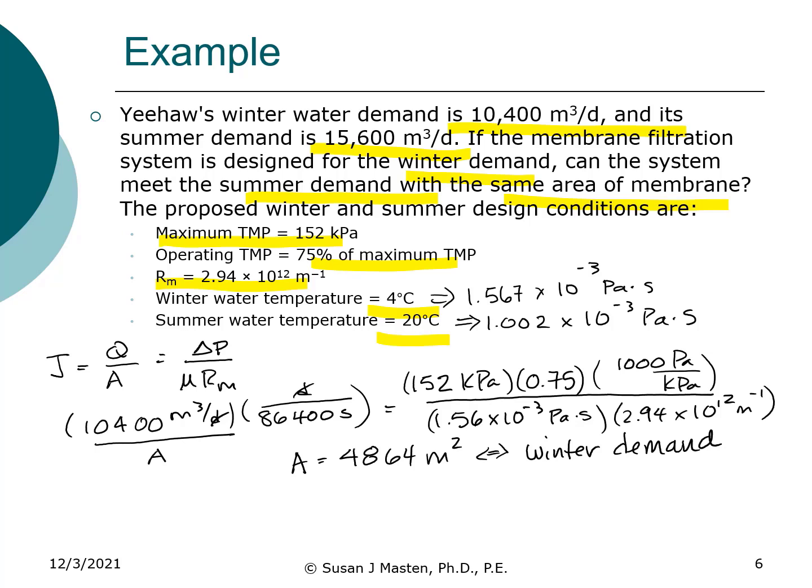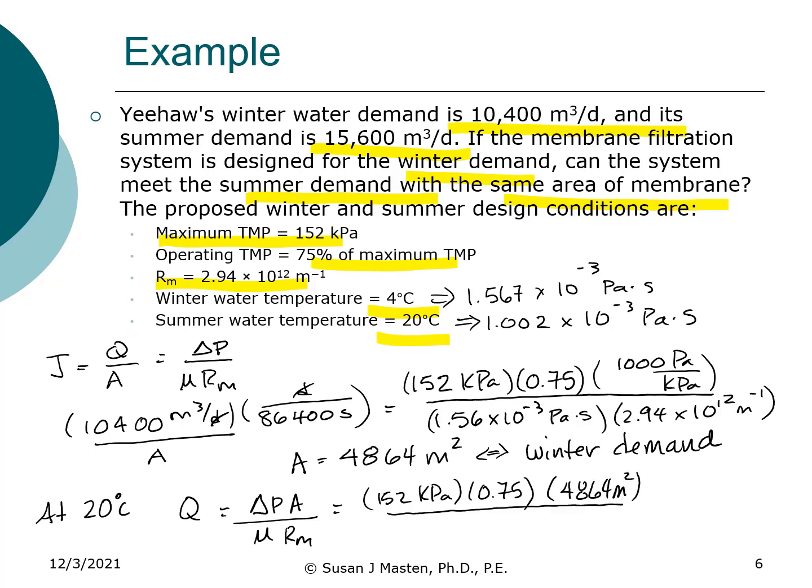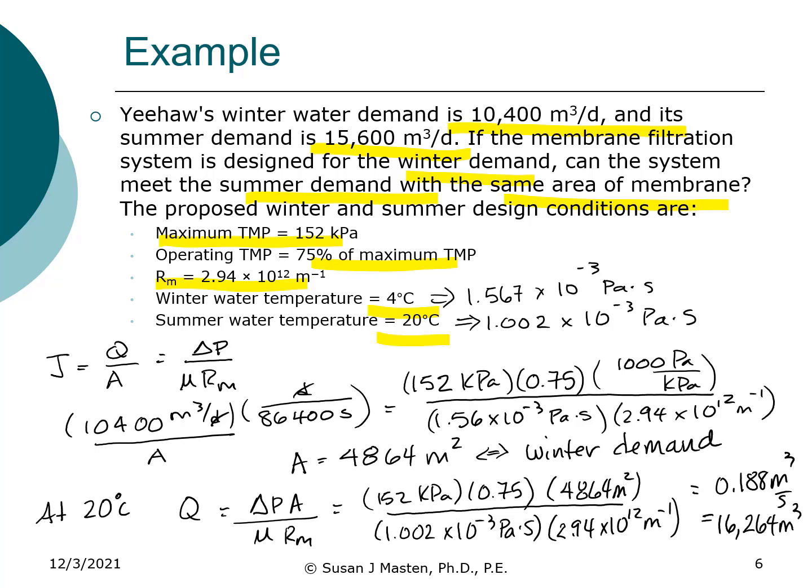So now let's look at 20 degrees C. What would the flow rate be? That is equal to delta P times the area divided by the viscosity times the resistance coefficient, and that is equal to 152 kilopascals times 0.75 times the area that we just calculated, divided by the viscosity at 20 degrees, times the resistance coefficient, and that is equal to 0.188 meters cubed per second, or 16,264 meters cubed per day.